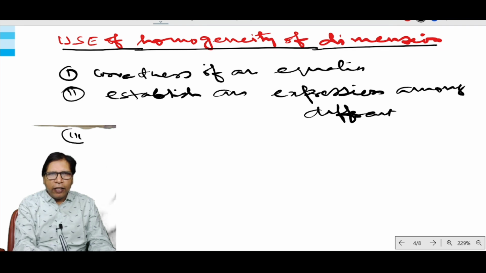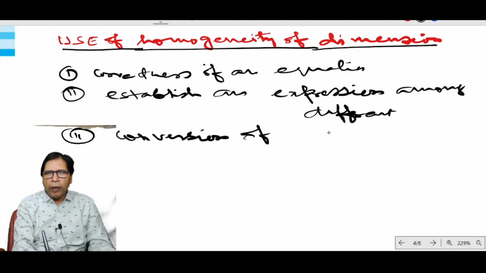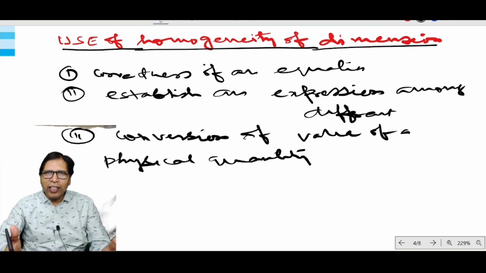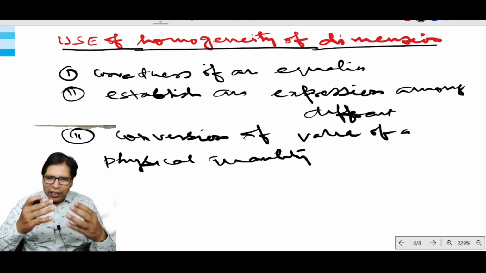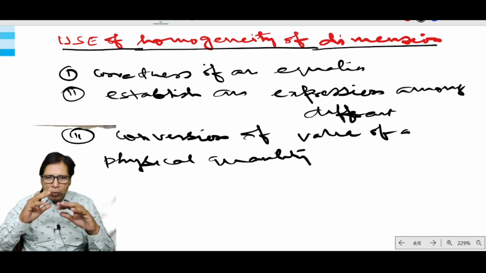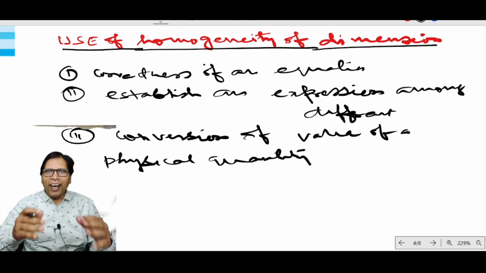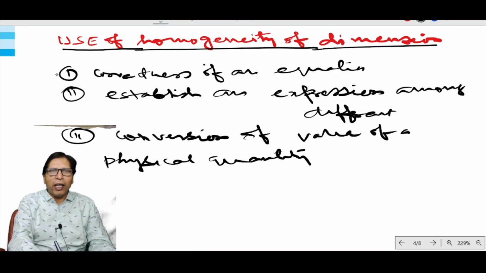And third, conversion of value of a physical quantity from one system of unit to other, that is from CGS to SI, from CGS to another system of units. Okay, understood? Now, first of all, discuss one by one.